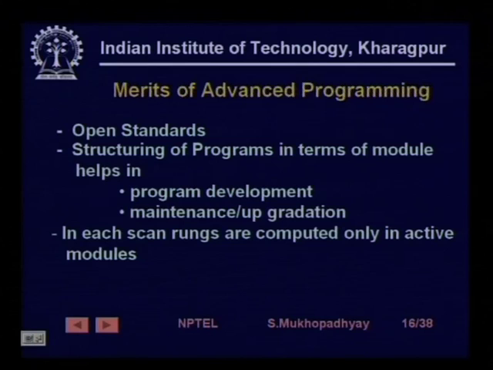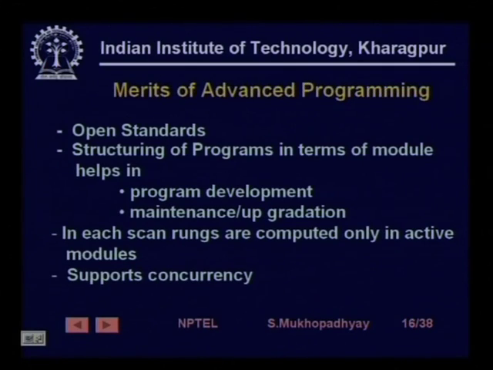Then, it is not necessary that every rung has to be computed all the time. In fact, only a few rungs are actually active and the other rungs are inactive. So, you can save a lot of computational time by skipping those, which will improve computational performance, and it supports concurrency.